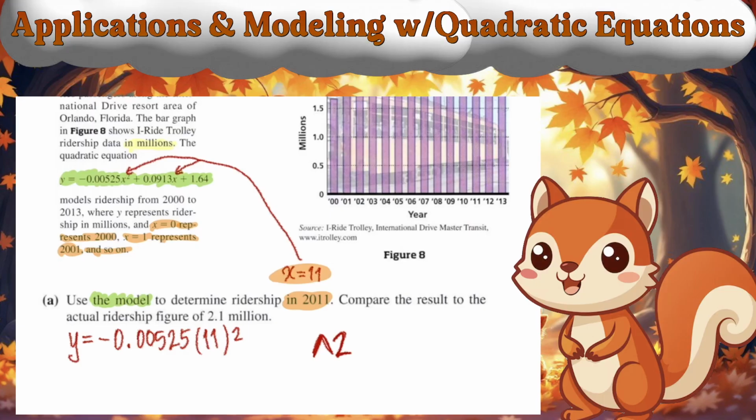If you're using a scientific calculator, not a graphing calculator, kind of like the iPhone calculator, you might have to type 0.00525 and then hit negative. So play around until you get the right numbers, okay?